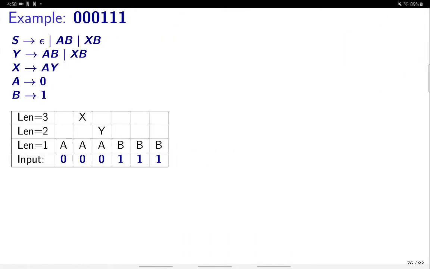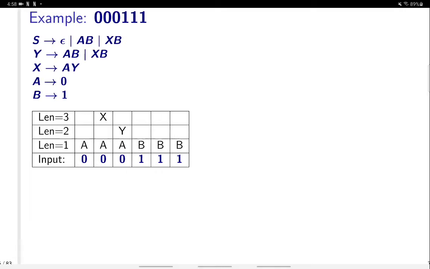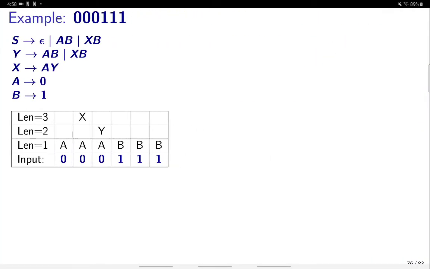The more interesting thing is the next level. I jumped 2 levels, sorry. So ignore this row for a second. Now let's look at substrings of length 2. It's easy to see that the only possible substring of length 2 that can be generated by a variable is 0, 1, because Y goes to AB.